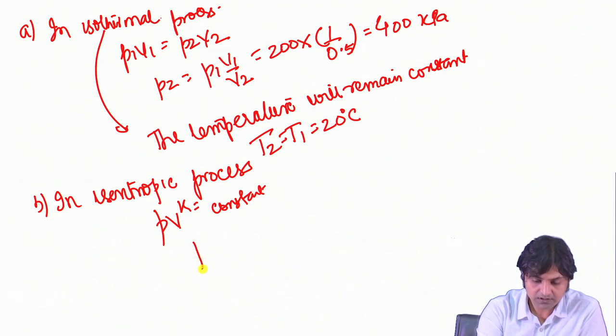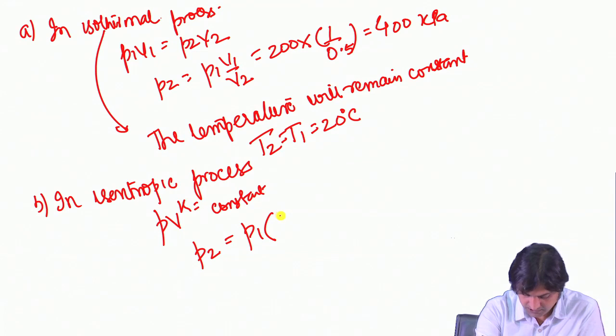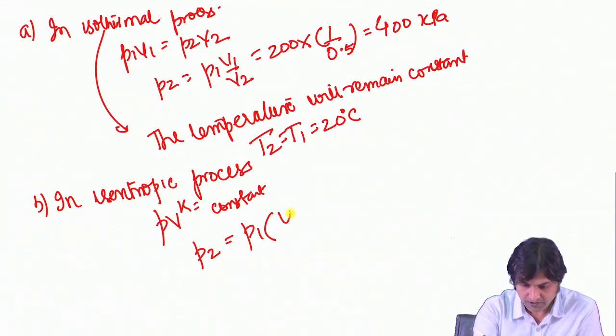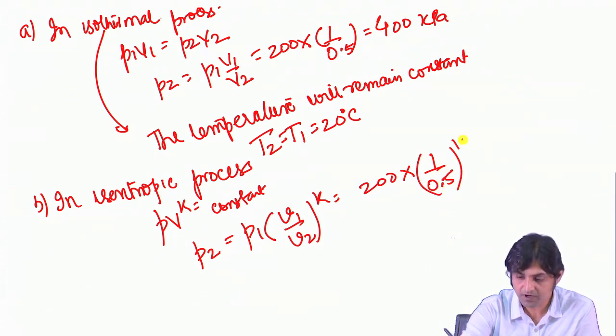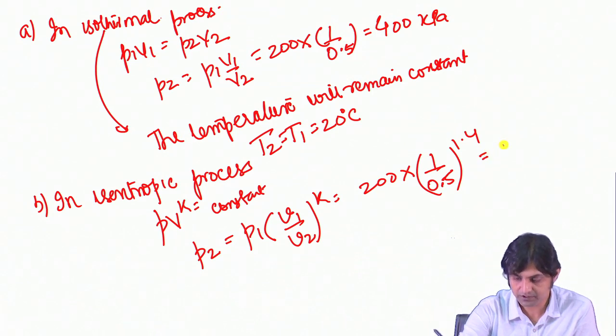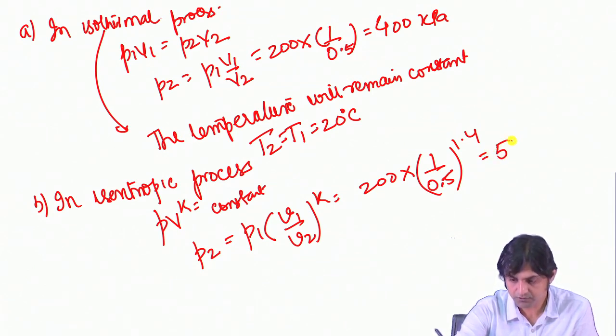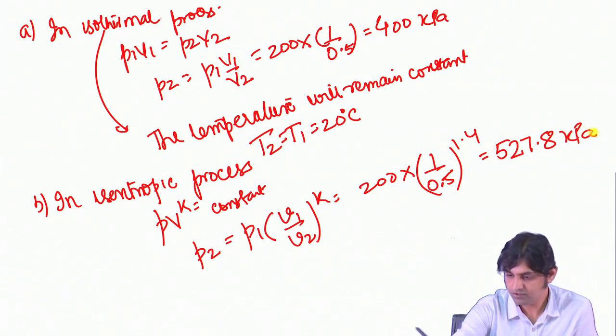So in this case P2 will come to be P1 multiplied by V1 by V2 to the power k. So 200 into, it's compressed to half, so volume ratio 2 to the power 1.4, and if you calculate this it will come out to be 527.8 kilopascal.